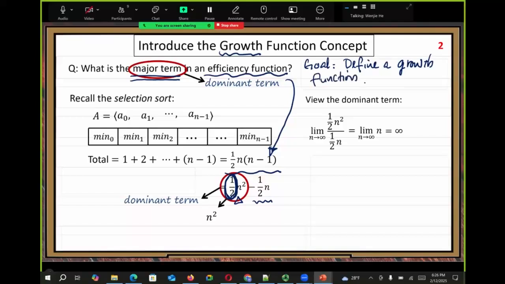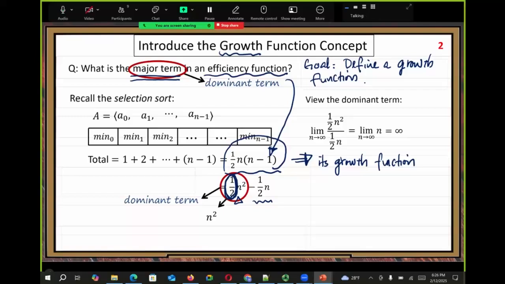Given this efficiency function, we want to extract its growth function from the original efficiency function. But a growth function for some specific purpose. What do you want to use the growth function for? You need to have some specific objective for using the growth function.